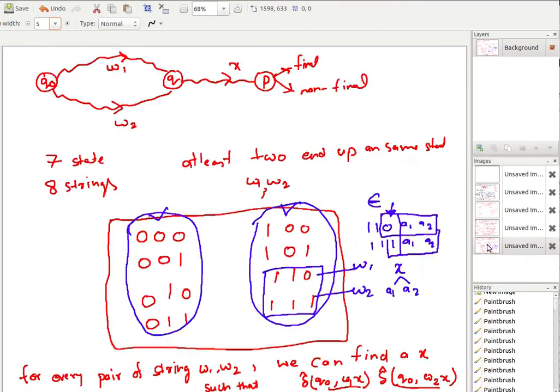What do we mean by ending up in the same state? You start with the string from the start state, and you will end up in the same state q. After that, if you append anything to the strings, you will reach a state, and this state will be the same for both appendings. W1x, W2x, both will take you to the same state, because once you arrived at q, after that if you process any string, it will not remember whether you came from W1 or W2. States cannot remember that. We just remember some finite thing. We cannot remember which state we came from.